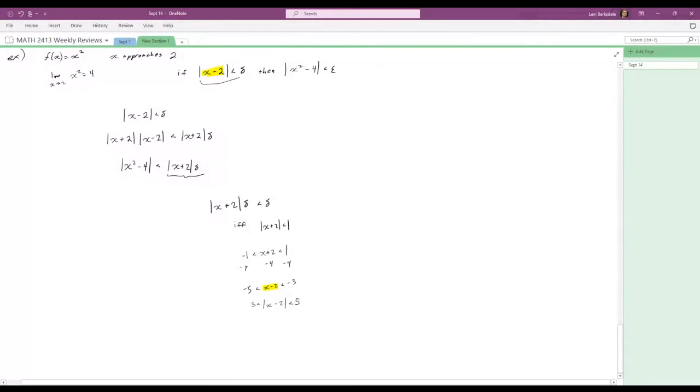Yep. So give me one moment. I'm going to try and think this one through. Let's see. I'm just going to write a bunch of stuff down. I'll see if I can explain it in a bit.